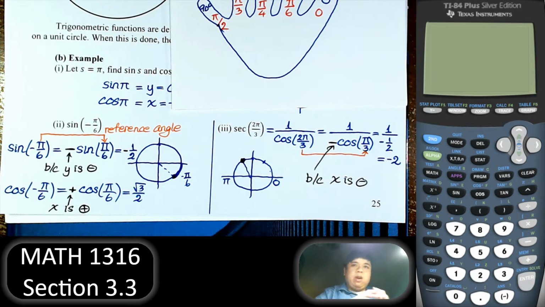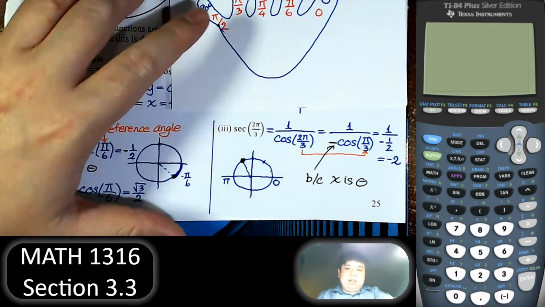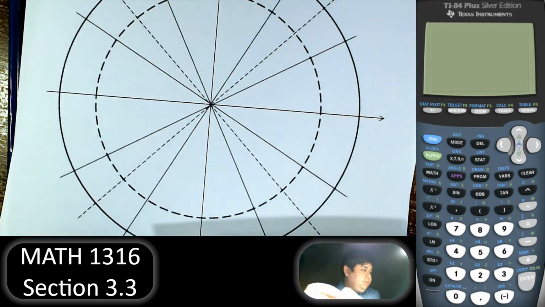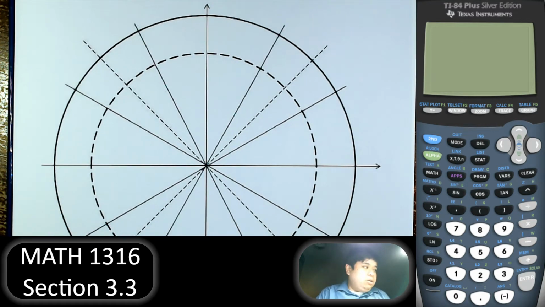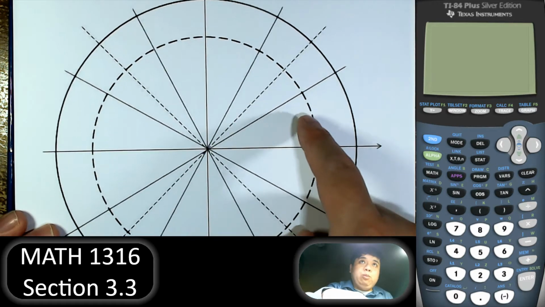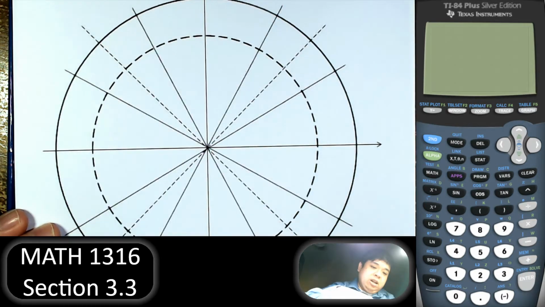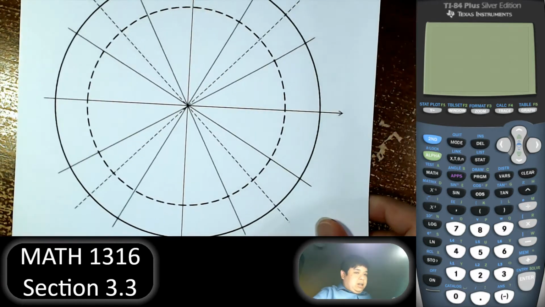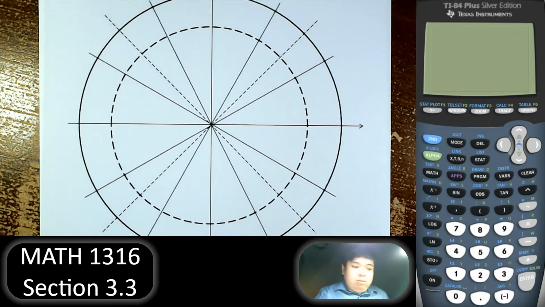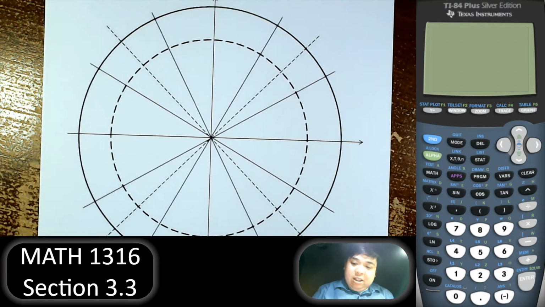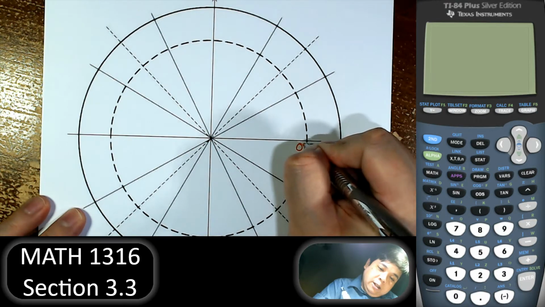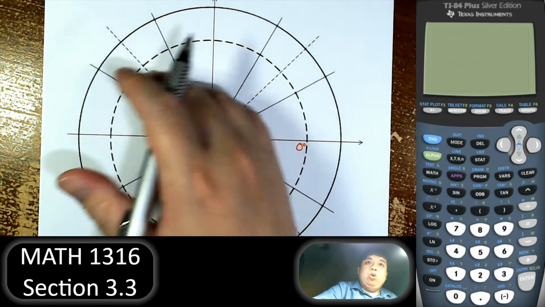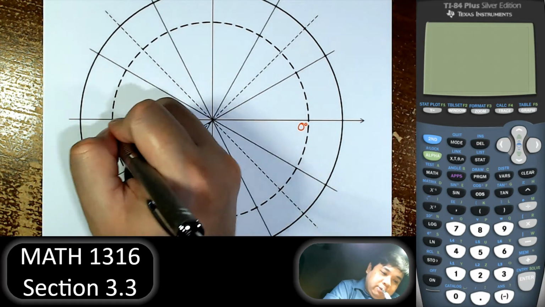Now let's find all the values and put them all together in the unit circle. So we have a unit circle here. First of all, let's get all the values. We're going to put the degrees in the inner circle and the radians on the outer circle. So degrees first. Here's 0 degrees. And one complete revolution will be 360. Half of that is 180.